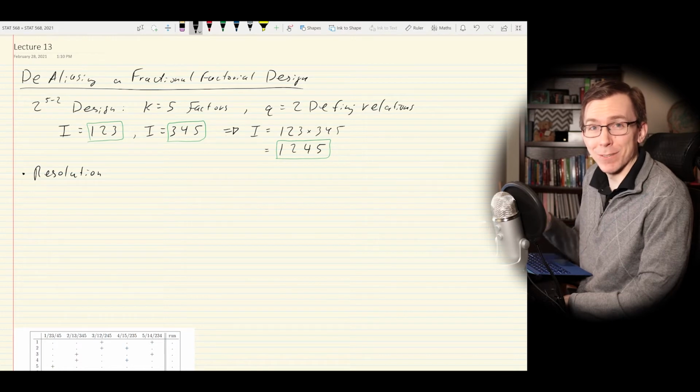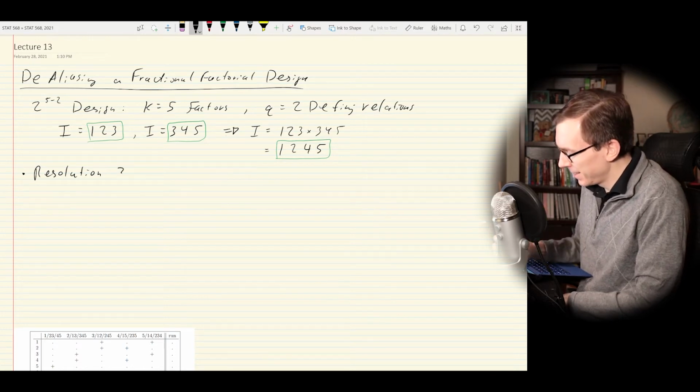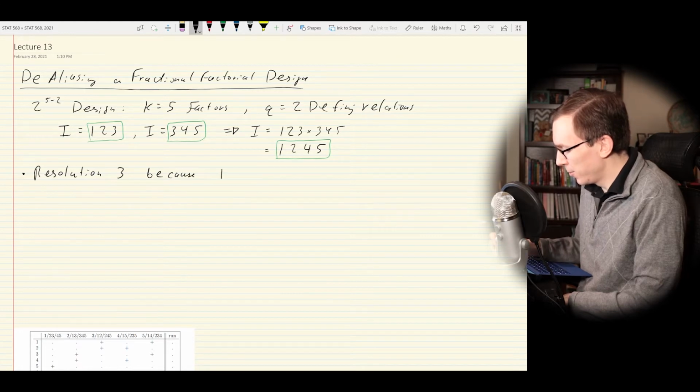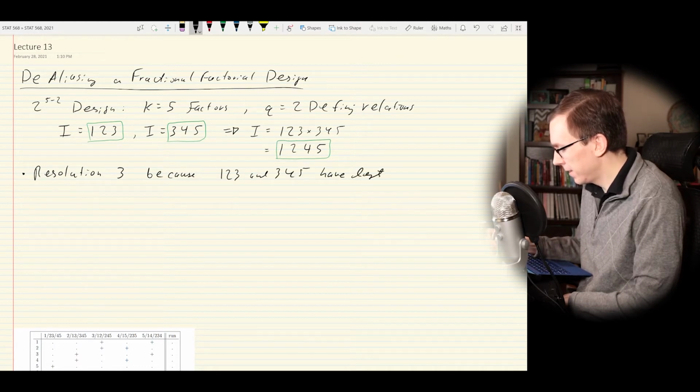It has a resolution of 3 because 123 and 345 have length 3, and 1245 has length 4.